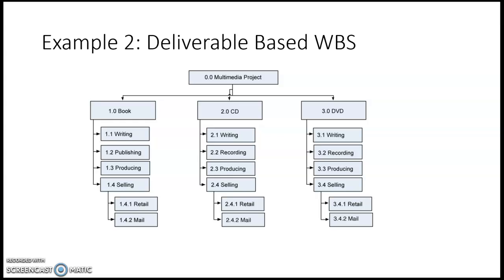They are the sub-level tasks which come under level 2. Under 1.4 selling, we have 1.4.1, which is retail, and 1.4.2, which is mail. They are further broken down after the subtasks into smaller tasks, which come into level 3 of the work breakdown structure.